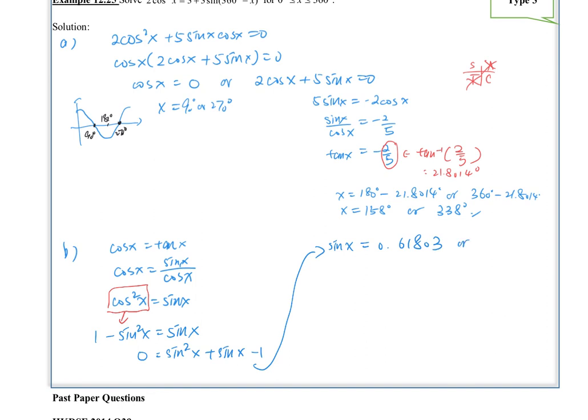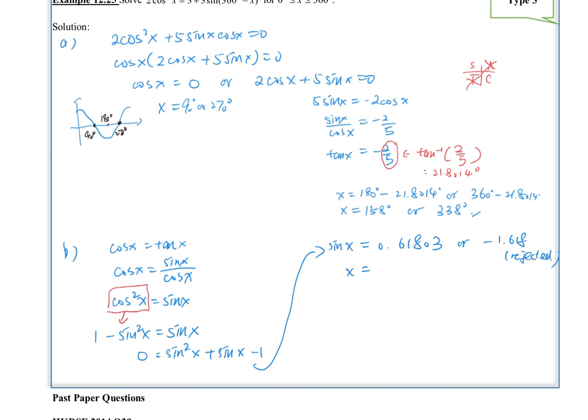Sine x is equal to 0.61803 or negative 1.618. This one is rejected as it is out of range. It is less than negative 1. So we can find the beta also. This time we have quadrant 1, right?